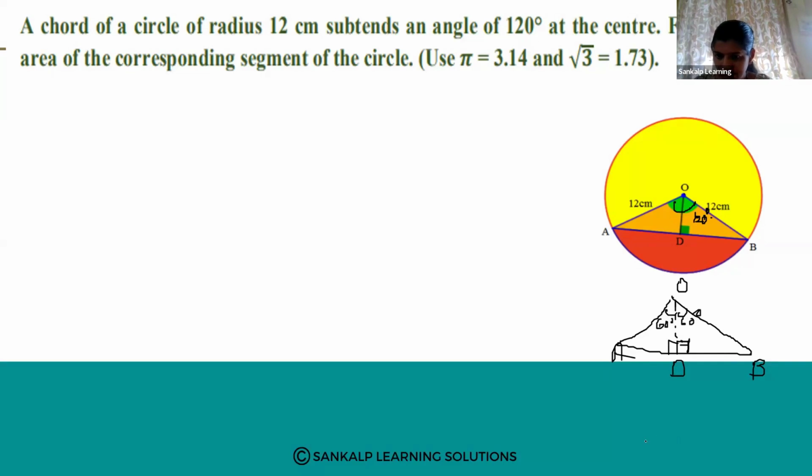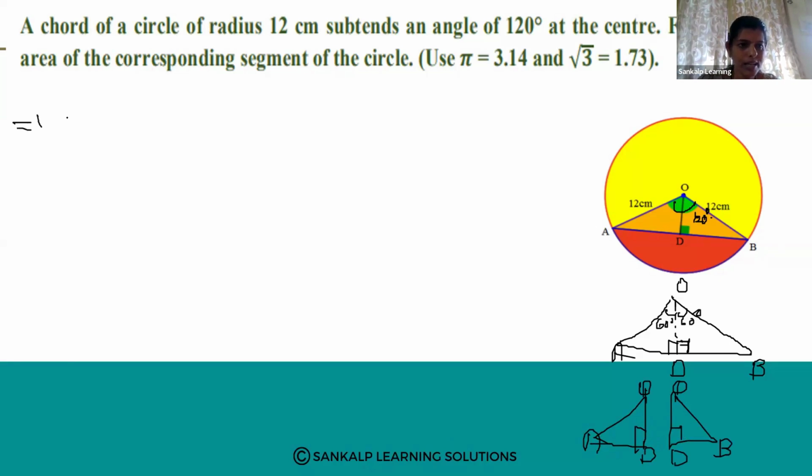So this is ODA and this is ODB, right? So here it makes an angle of 90 degree, right? So now let us write what radius of the circle they have given.